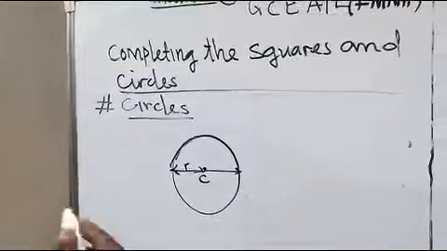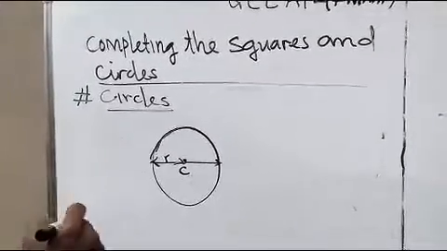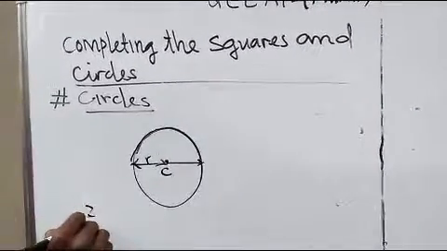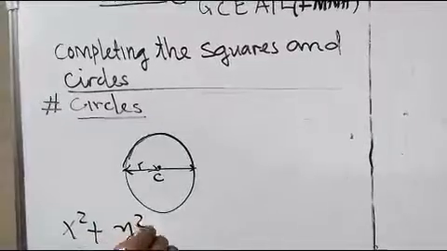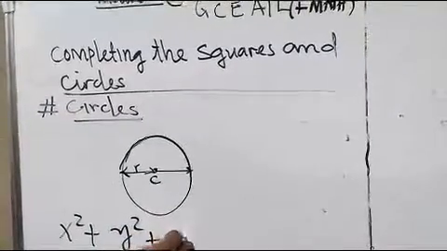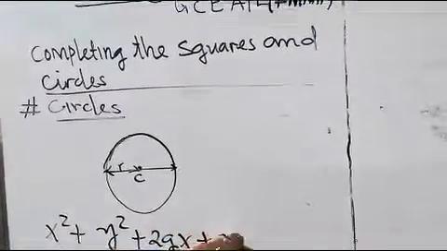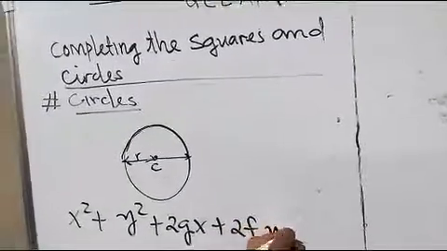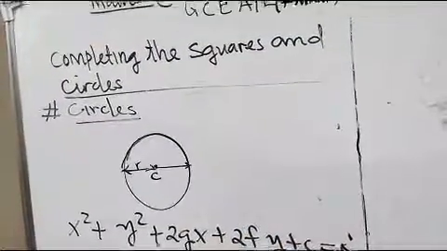The general equation of a circle is given by x squared plus y squared plus 2g x plus 2f y plus c equals 0.